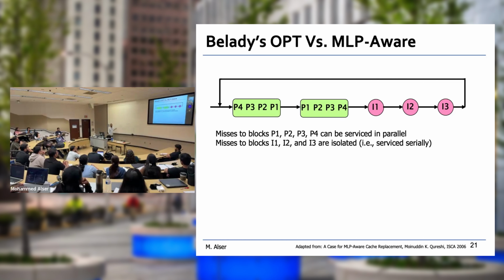And the pink ones are costly and they are isolated. So any misses to any of those blocks in the green are served in parallel, so we don't pay the penalty times the number of requests. And any misses to these blocks, we pay for sequentially, since they are isolated.